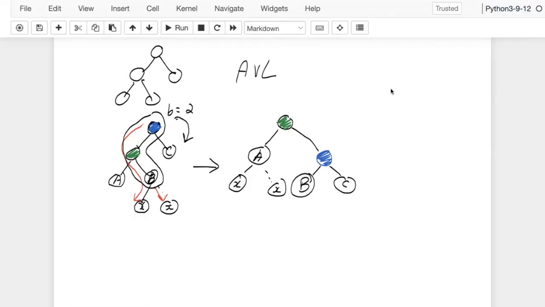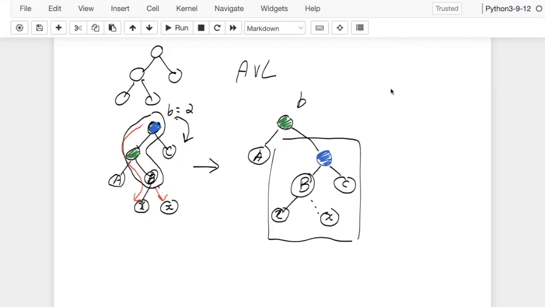If you try to move as before, move the green node up, that means the blue node down. So what you end up with is the following. And as you can see here, this is still off balance. And this time it comes from the right child, from this part.